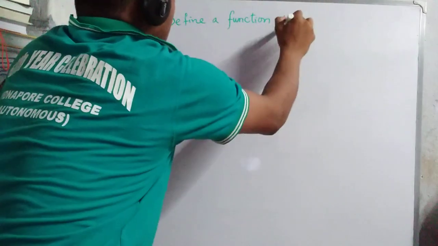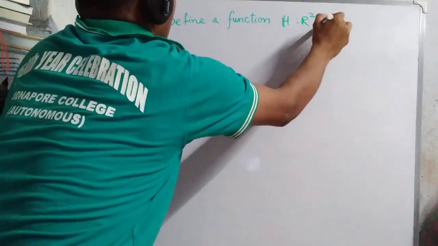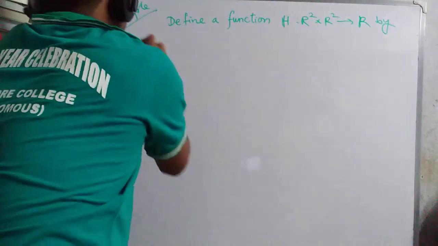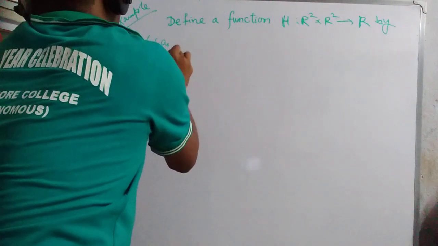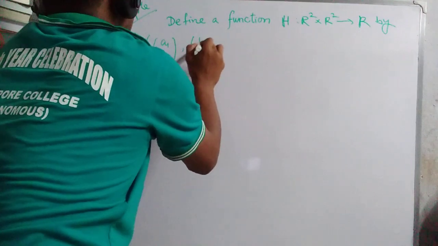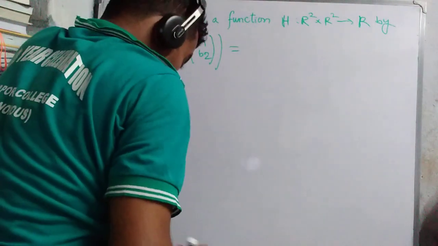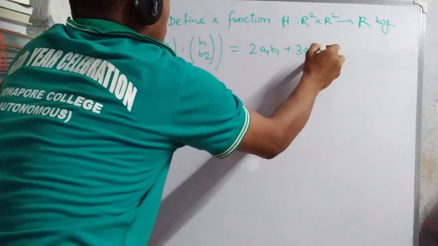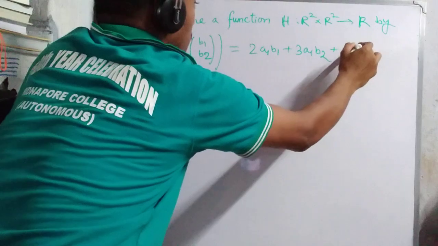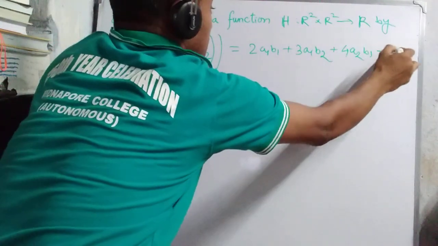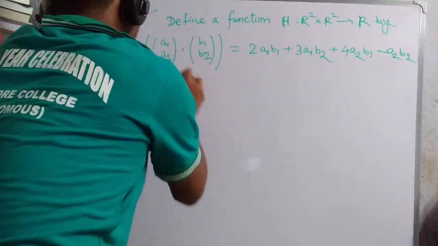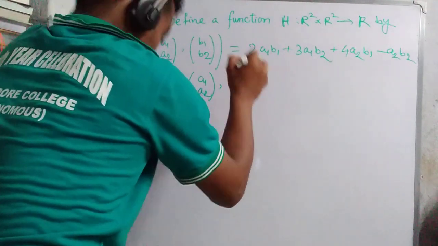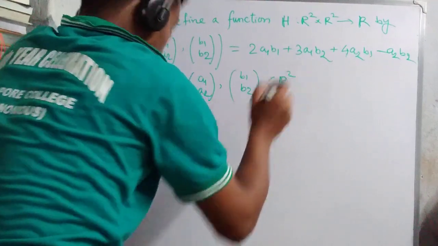Define a function h from R square cross R square to R by h of (a1, a2), (b1, b2) equals 2a1b1 plus 3a1b2 plus 4a2b1 minus a2b2, for (a1, a2) and (b1, b2) belonging to R square.